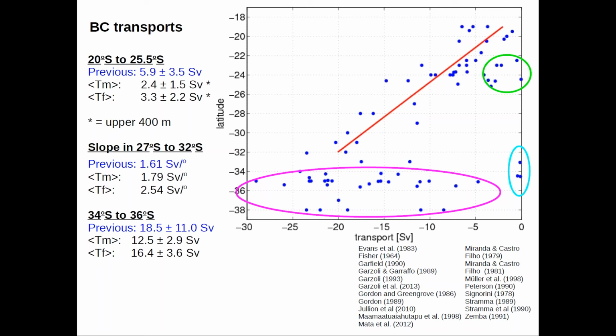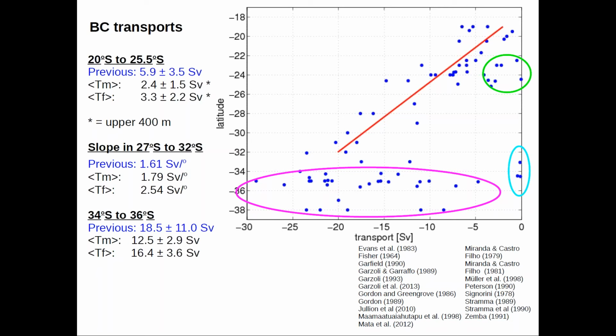Then I only estimated the slope between 27 and 32, which is the area with the largest slope. The previous estimates had 1.61 Sverdrups per degree, the meridional component has 1.79, and the total transport has 2.54 Sverdrups per degree.